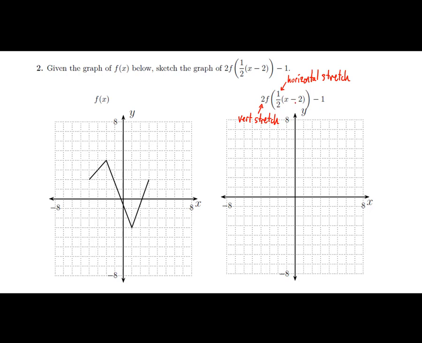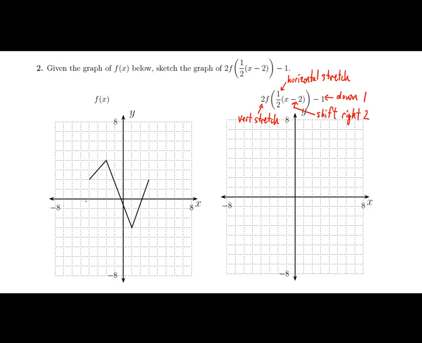My minus 2 here is a horizontal shift, so I would say shift right 2. Okay, and it's right because things are happening 2 units later when I say minus 2. And then lastly, this is a vertical shift down 1.